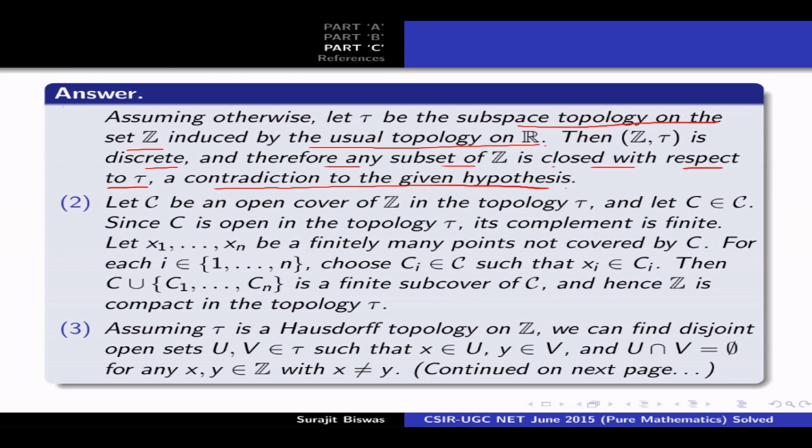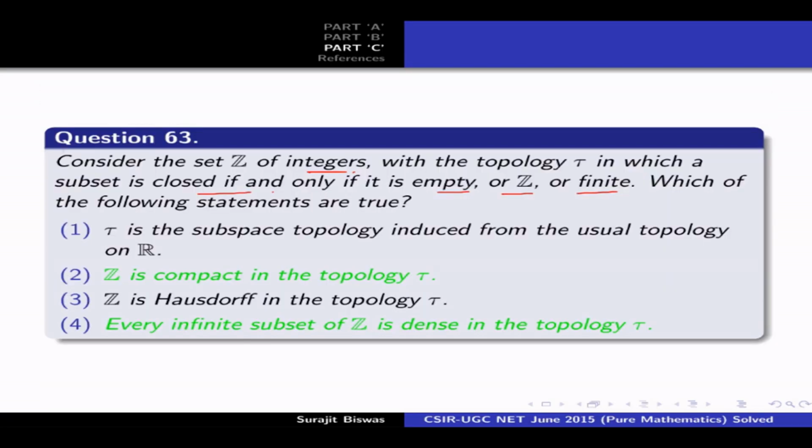In the hypothesis, there are certain sets which are not closed. So this is not correct.